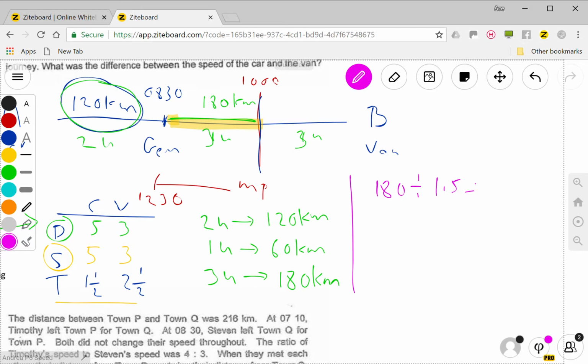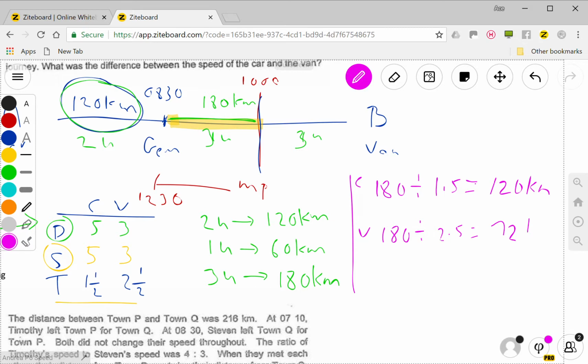What's 180 divided by 1.5? 120, so this is the car's speed. Okay, let's put a C here. And then the van's speed, 180 divided by 2.5, is 72.